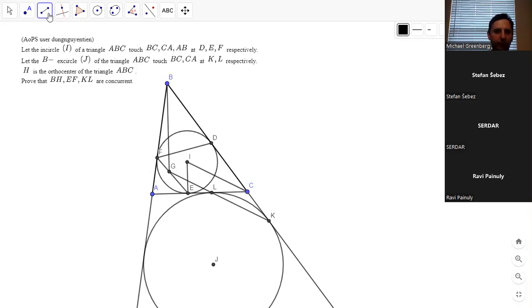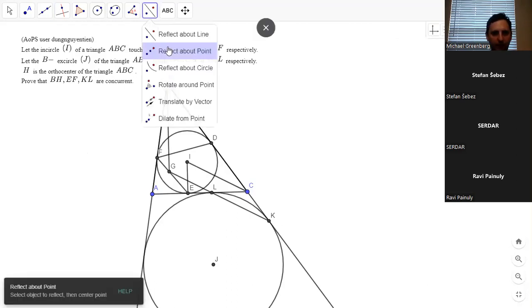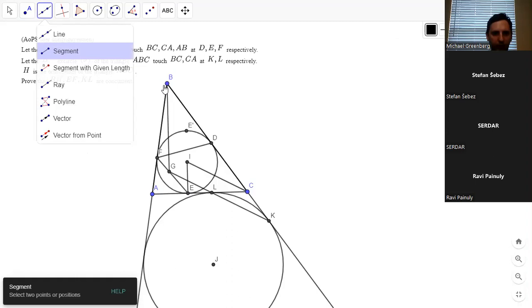Is that the Iran lemma or something? No, it doesn't look like it necessarily. But what we could do, so we know that B, E prime, and L are collinear.